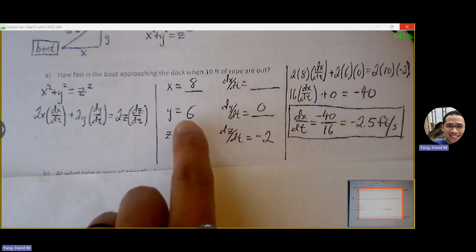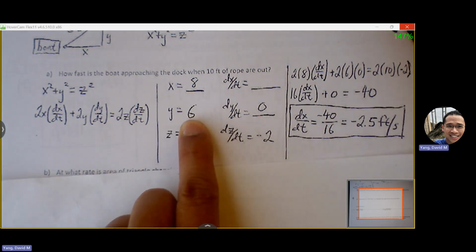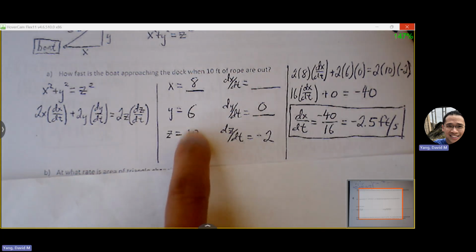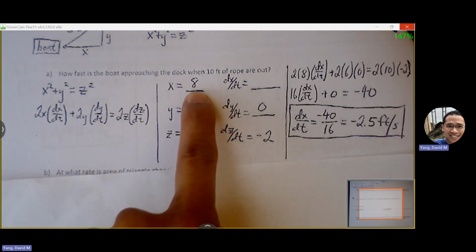So we know the dock is 6 feet above the water level. z is the rope. So there's 10 feet of rope out. Pythagorean theorem, we can work backwards and figure out what x value is at that moment in time.